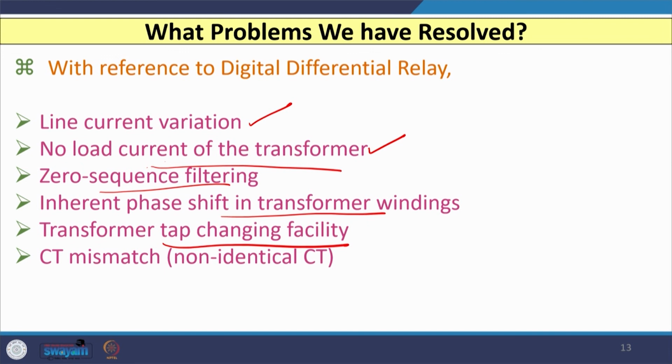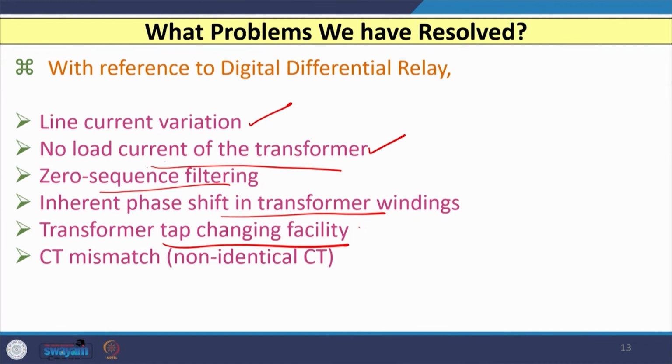So, if the settings of the transformer or CT values are carried out based on the nominal tap, and if the tap is changed, then there is a change in the spill current, and because of that your conventional bias or percentage differential relay may maloperate. However, your digital relay should not maloperate in this case, and we have also discussed that CT mismatch, that is because of the non identical CT saturation characteristic, can also be overcome.